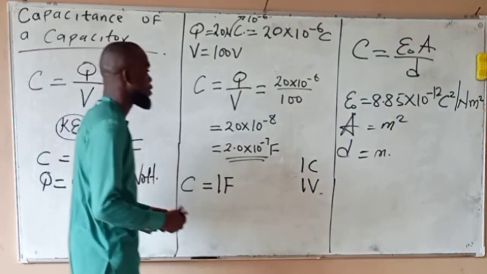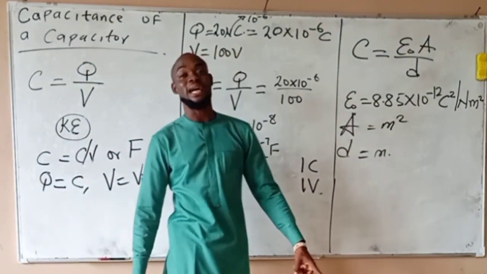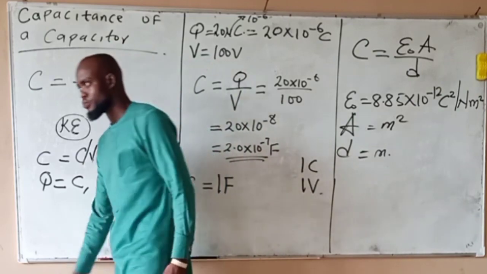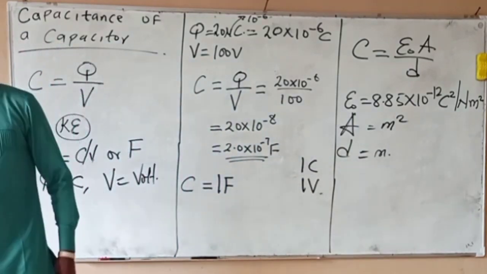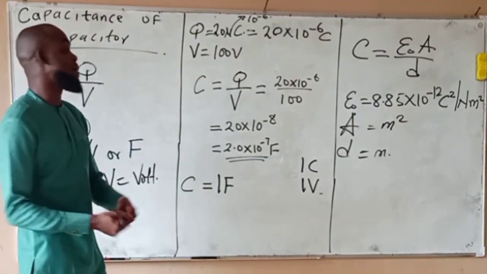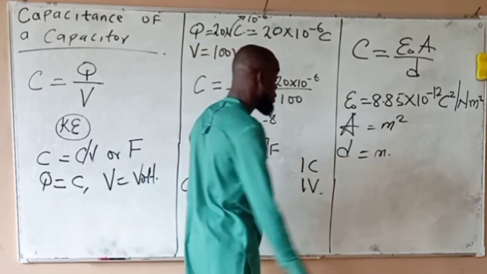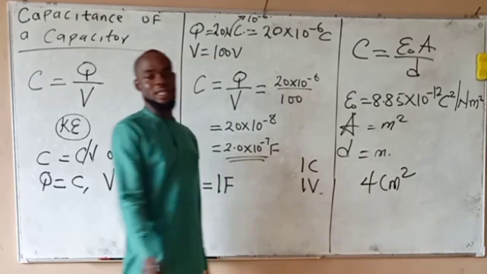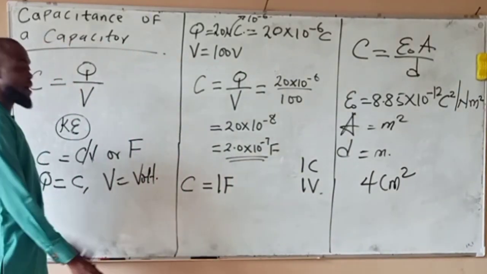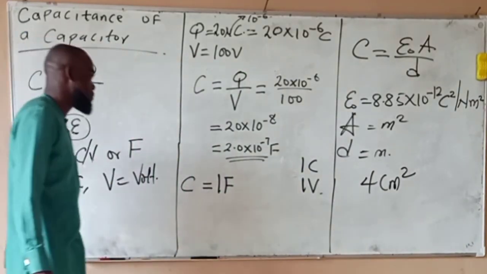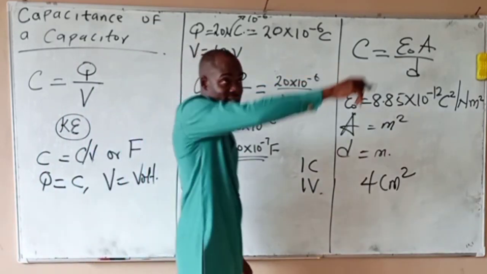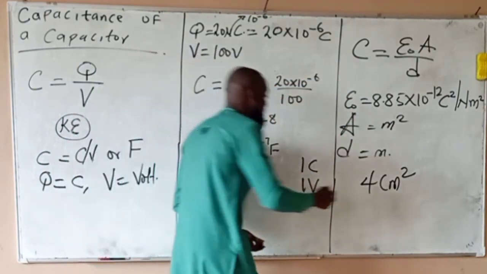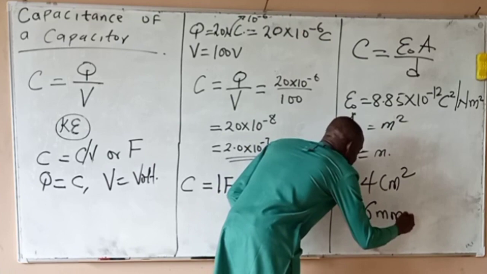Let's look at this question. Obtain the capacitance of a parallel plate capacitor of 4 cm square area, separated by a distance of 6 millimeters.